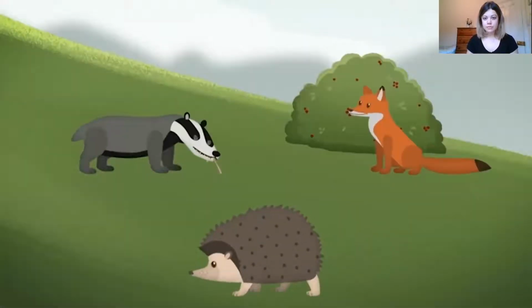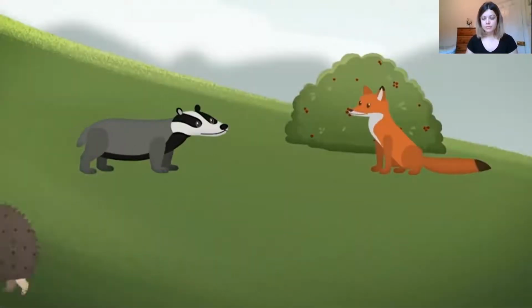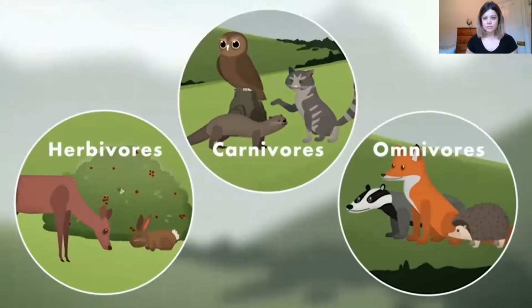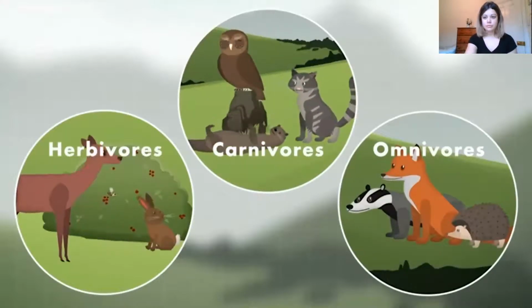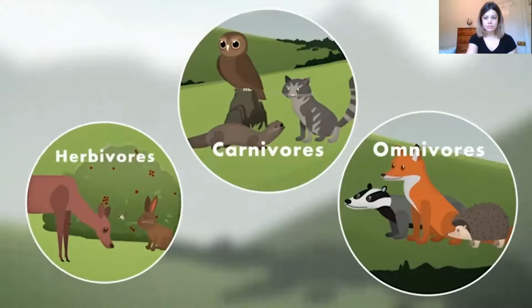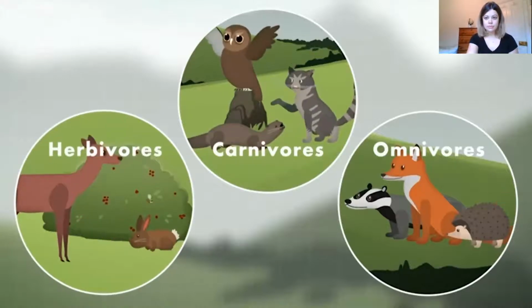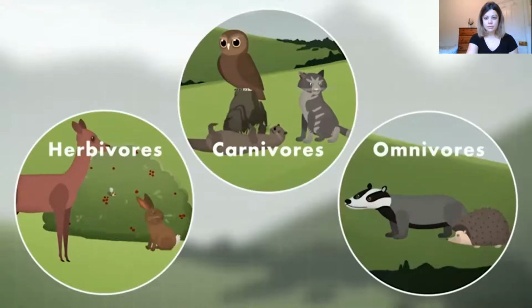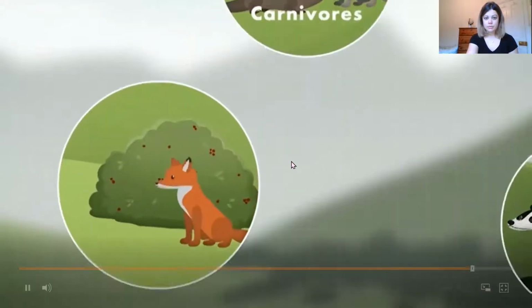Foxes, hedgehogs and badgers are all omnivores. As you can see, even though there are lots of animals in the animal kingdom, we can put them into 3 different groups based on what they eat. Herbivores eat plants, carnivores eat meat, and omnivores eat plants and meat. Simple.